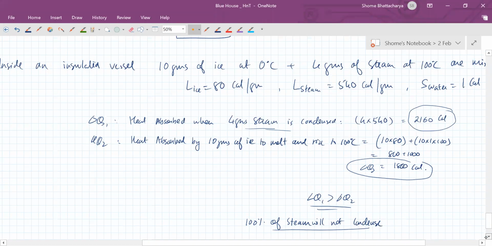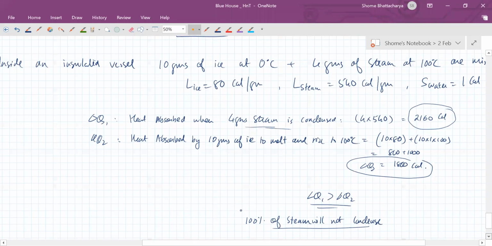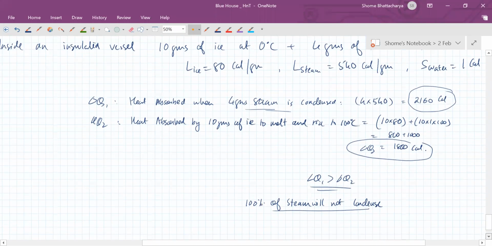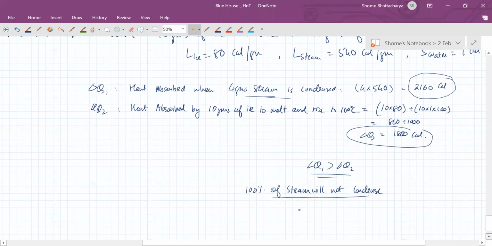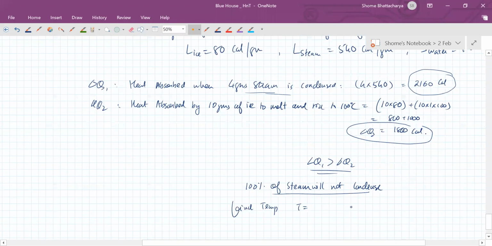Okay. And final temperature will be 100 degrees C with only X grams of steam condensing.